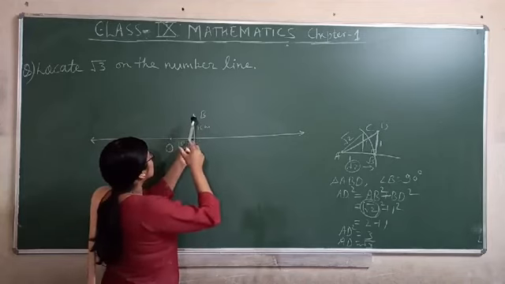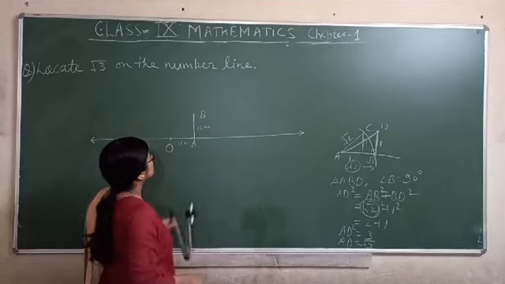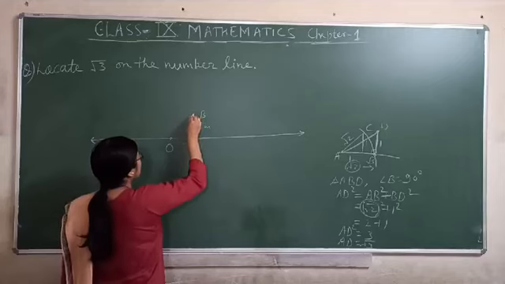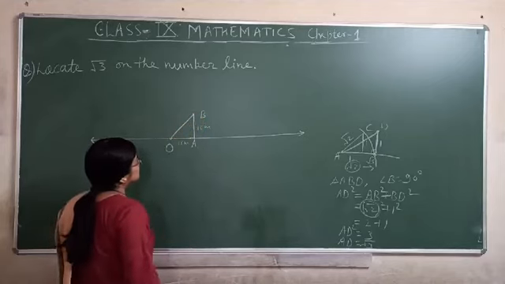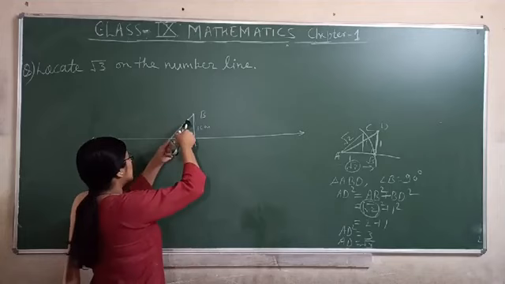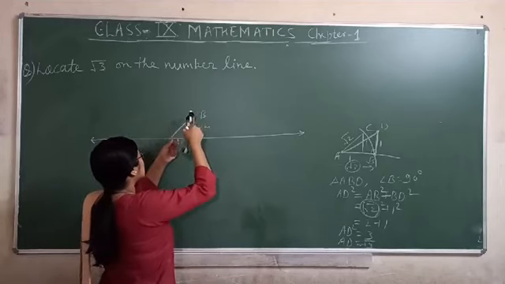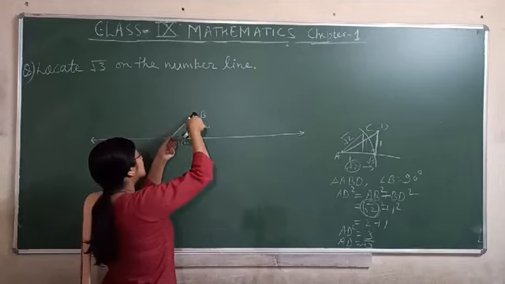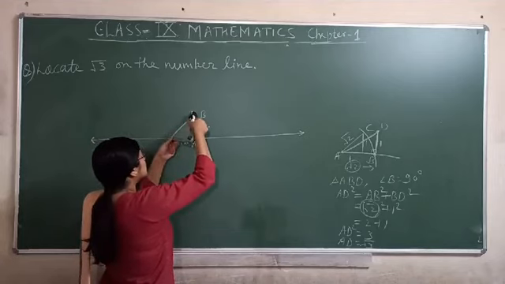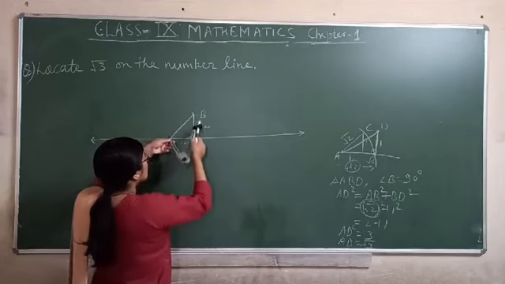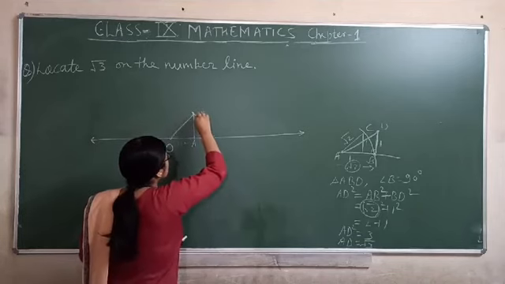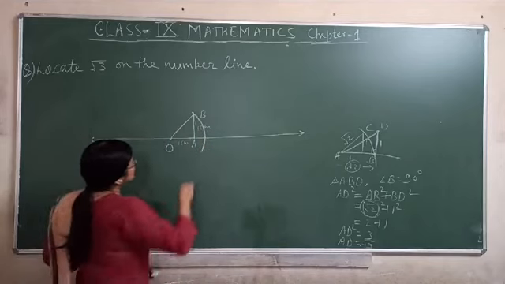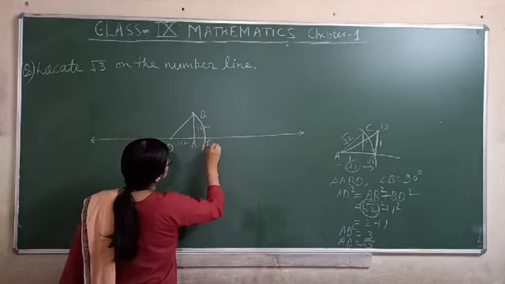Same length should be this also. Then join points O and B. Then keep the needle at O and the pencil at B. Draw an arc. You will get an arc like that. That point is C.